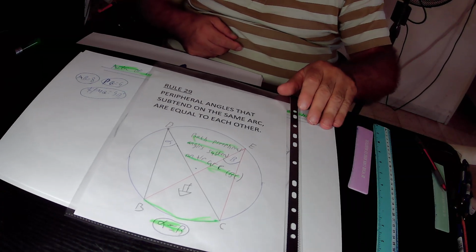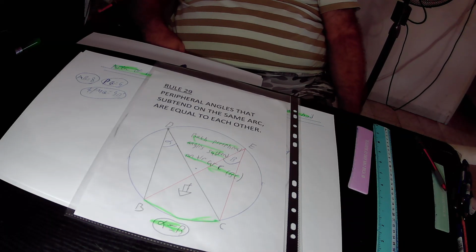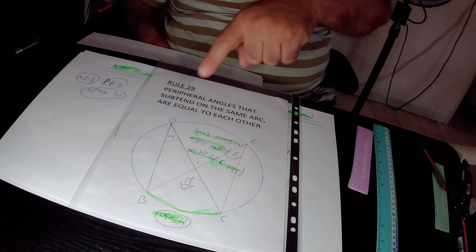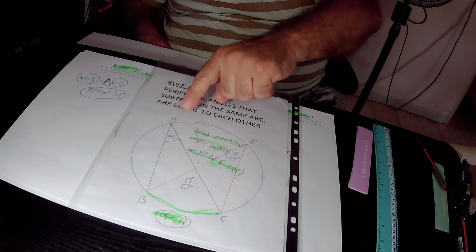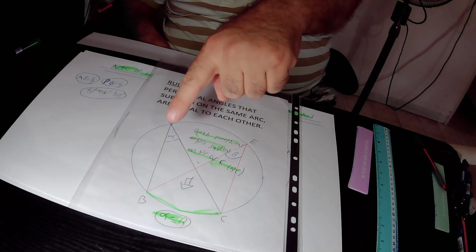According to Rule 29, peripheral angles that subtend on the same arc are equal to each other in their sizes. So, in the drawing, a circle, and this is peripheral angle BDC, that is equal to alpha degrees in its size, and it subtends on arc BC.